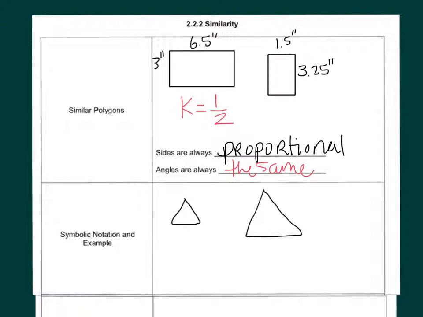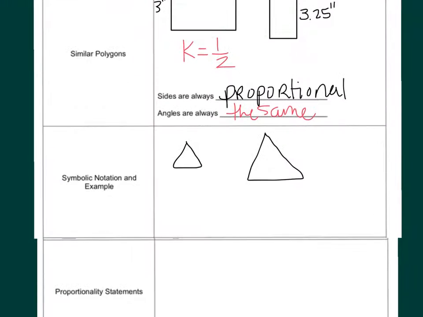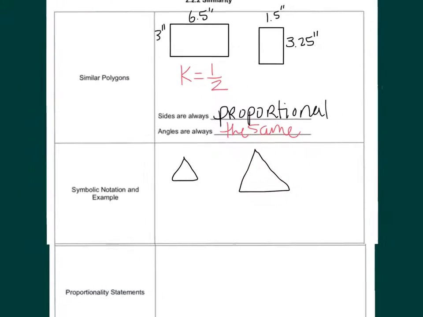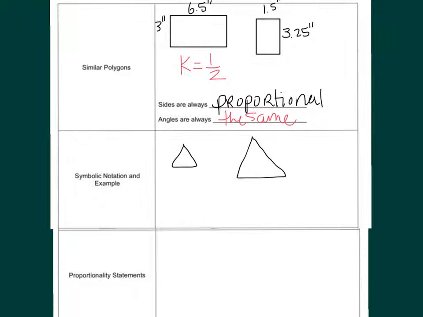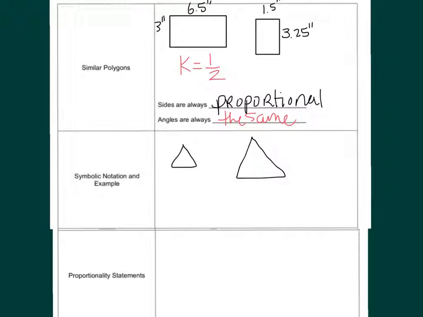So now let's go on and take a look at some symbolic notation and an example. Let me move this up a little bit so you can still see this. Okay, so we have two triangles here. We'll call this triangle ABC and triangle DEF.